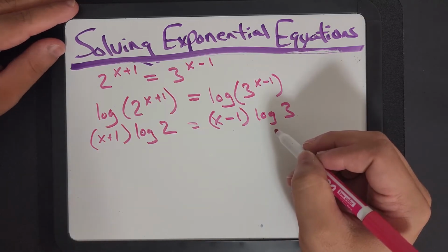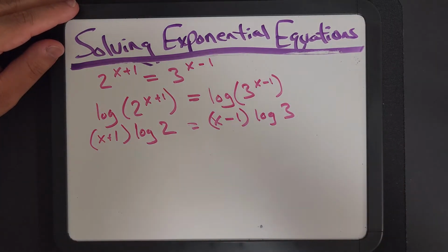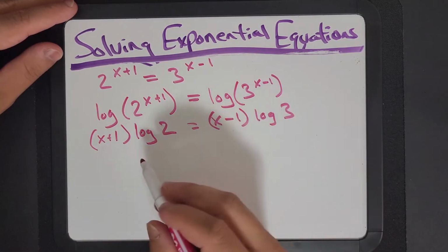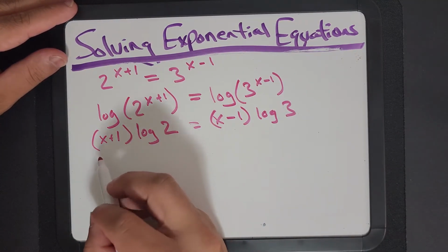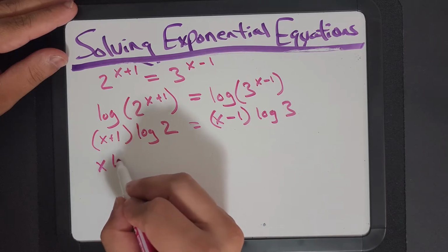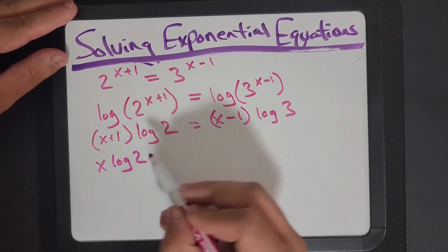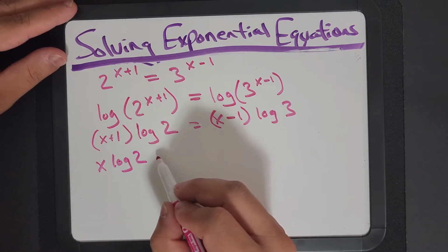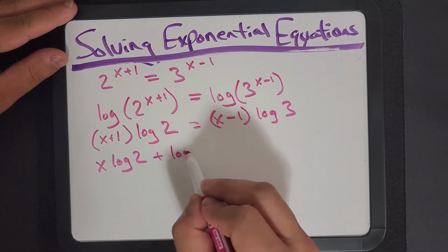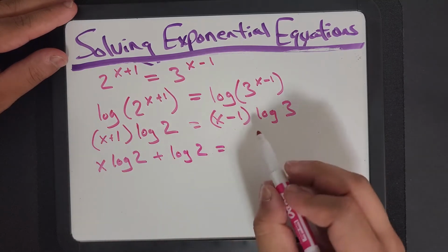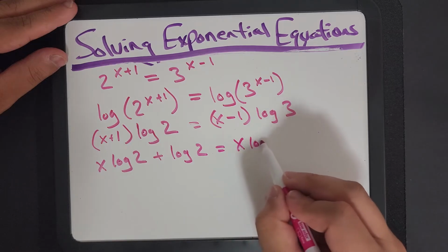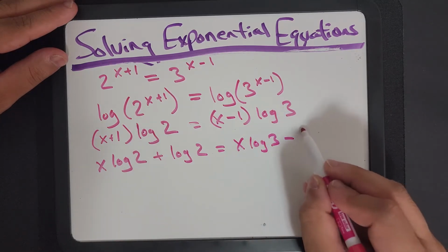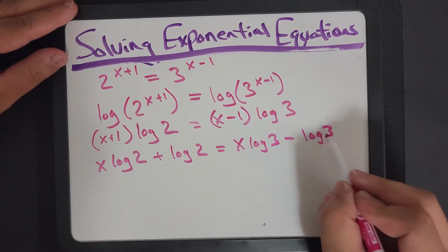So, let's go ahead and expand both sides. So I should have x log 2 plus log 2 equals x log 3 minus log 3.